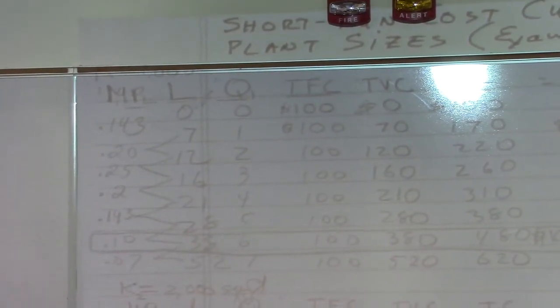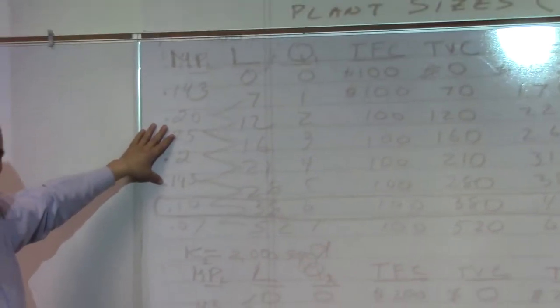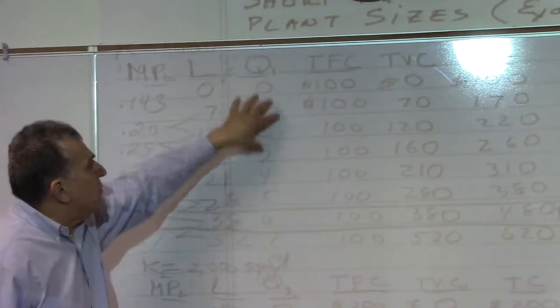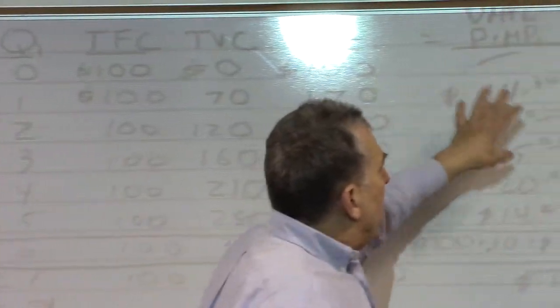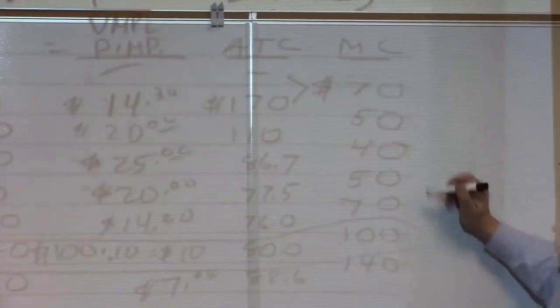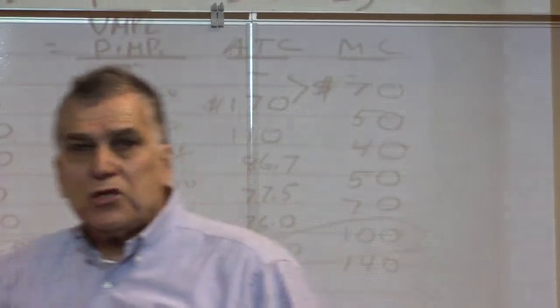Okay? Now, here's the marginal product, which I just transcribed from the earlier page. Here's the amount of labor, this is your production function, the fixed cost, variable cost, total cost. Now here is the important variable of marginal cost, and that is used to determine the profit maximizing level Q star.